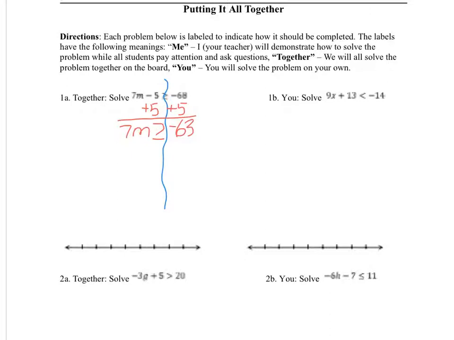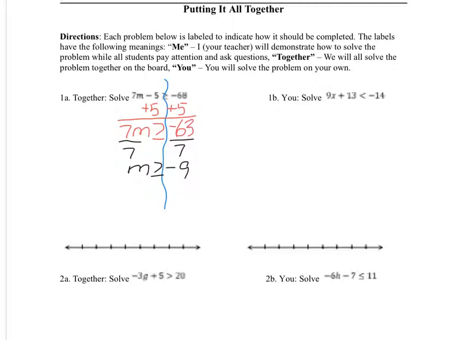Okay, next we're going to divide by 7, right? Opposite sides, opposite operations. So I'm going to get m and negative 9. And we learned that dividing by a positive doesn't change my inequality, so it's going to stay greater than or equal to.